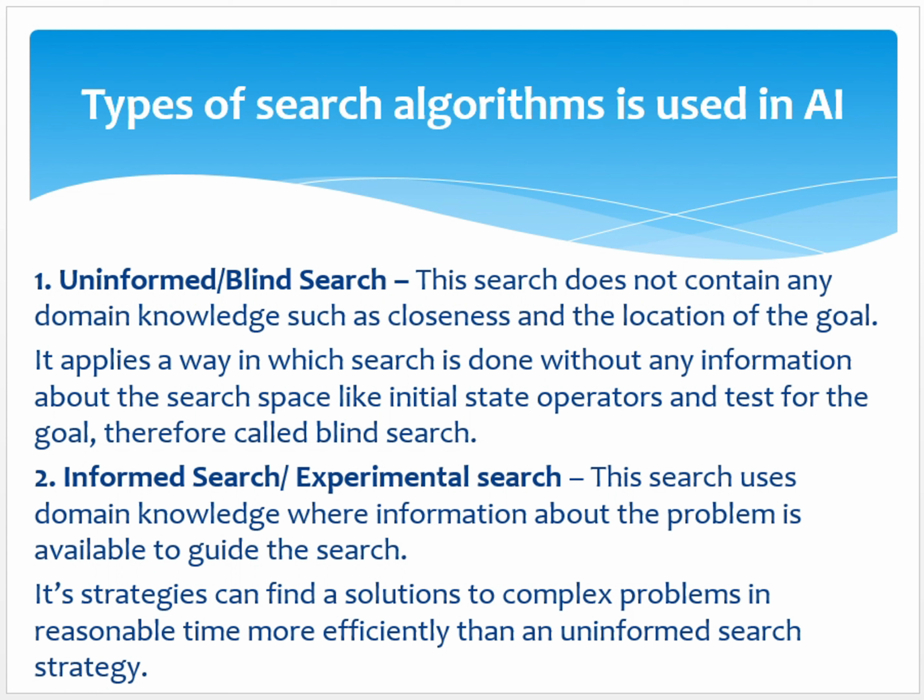It helps in coming up with solutions to complex problems that the uninformed search wouldn't solve, because informed search works with domain knowledge. Those are the two types of search algorithms in AI: uninformed, or blind search, and informed search.